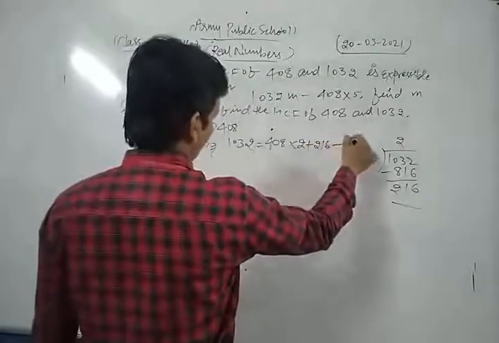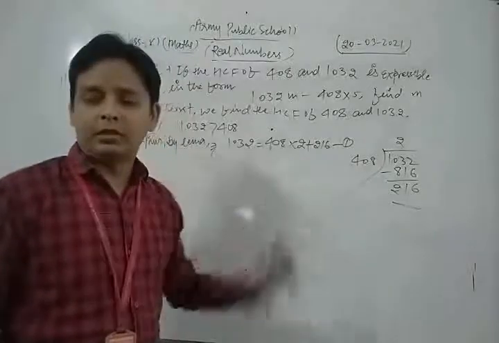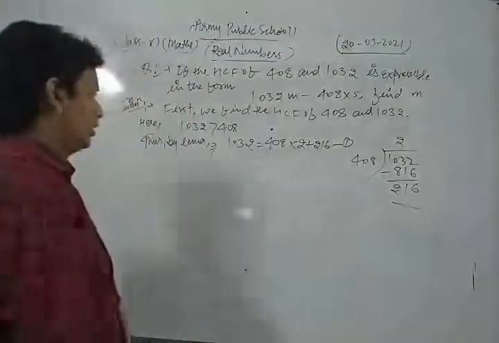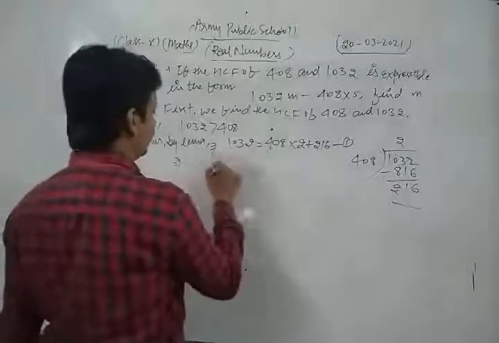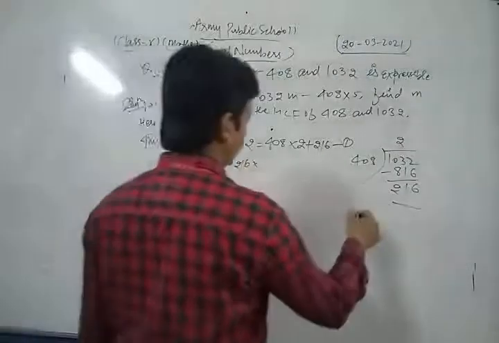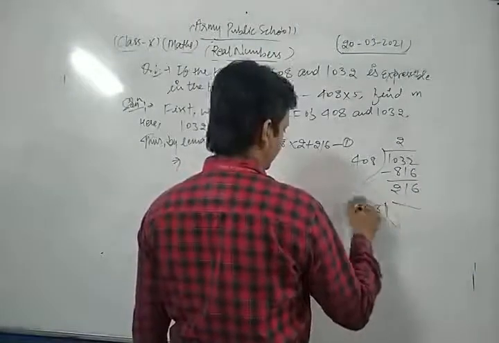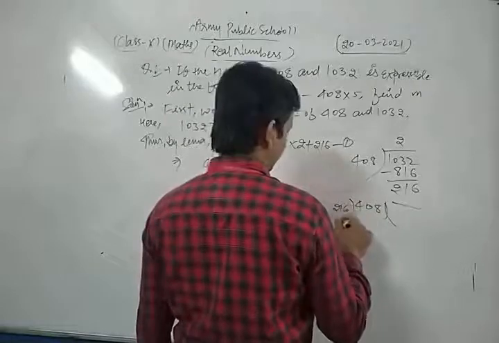Take this as equation number 1. We continue this process till the remainder becomes 0. Now again we divide 408 by 216. So we get, let's see, 408 divided by 216.